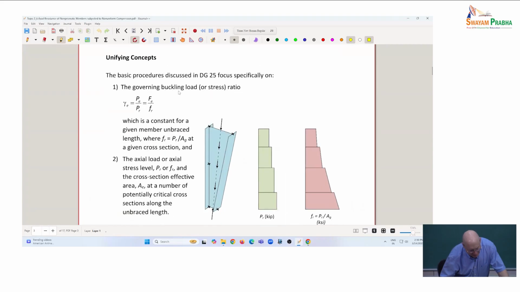So the next few slides basically try to amplify on that simple comment I just gave you. So this is in essence the process that the AISC MBMA Design Guide 25 uses when we calculate strengths there.